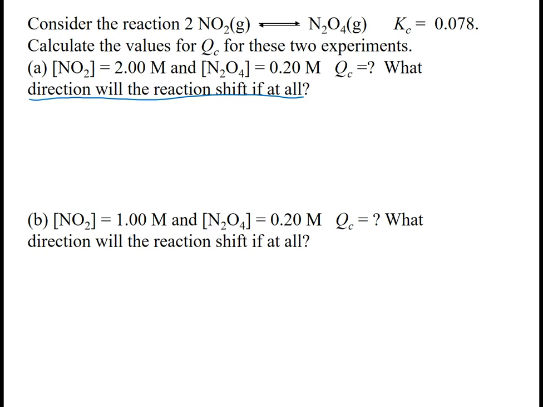The KC and the QC algebraic equation is basically the same. So QC is the concentration of N2O4 over the concentration of NO2 squared. It gives me the concentrations already, so this is 0.20, and this would be 2.0 squared. So QC ends up being 0.05.